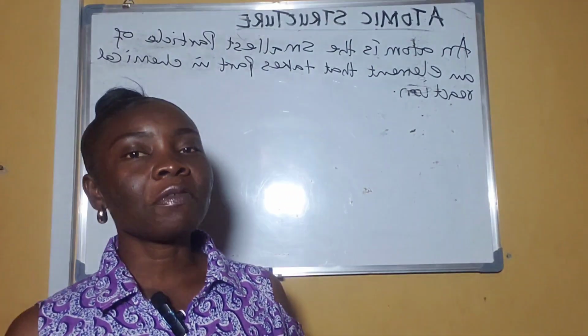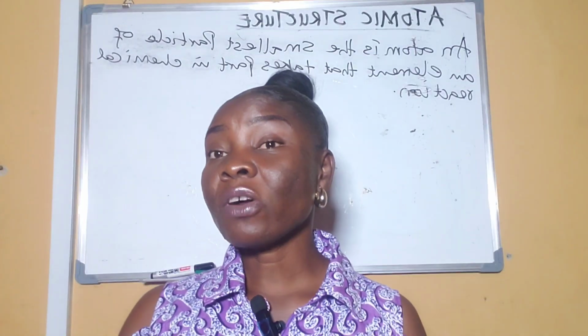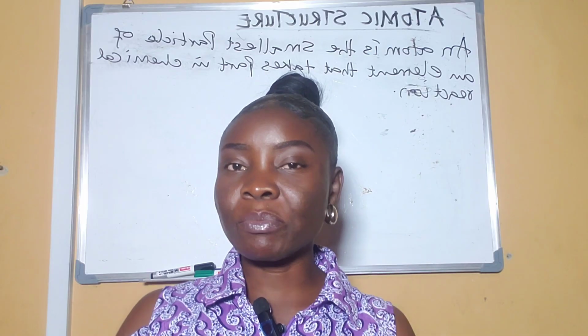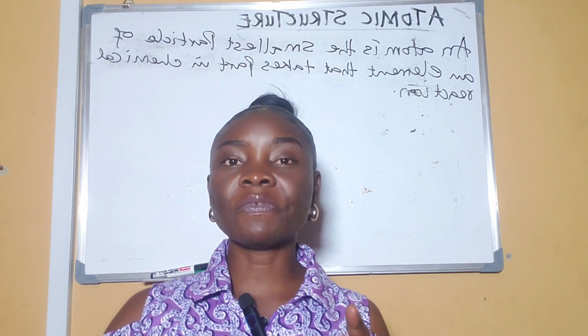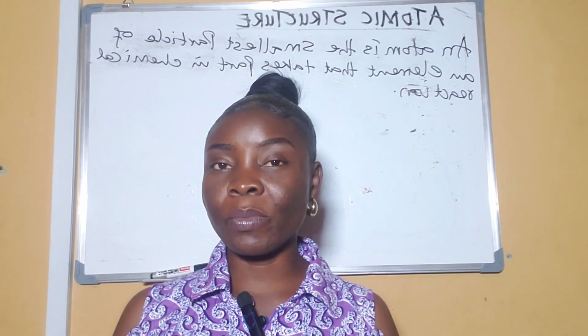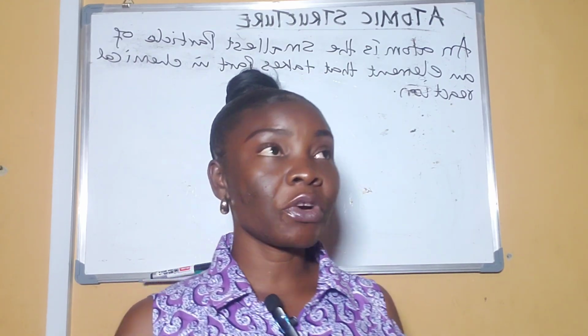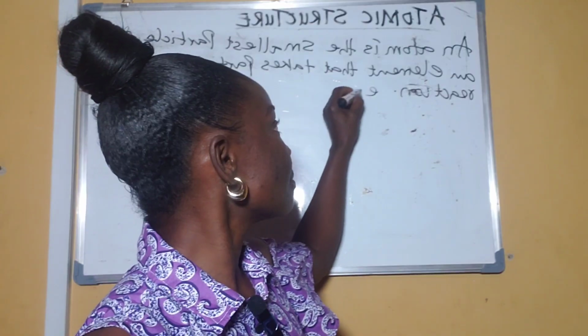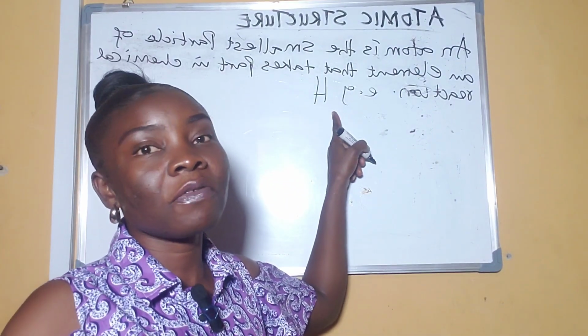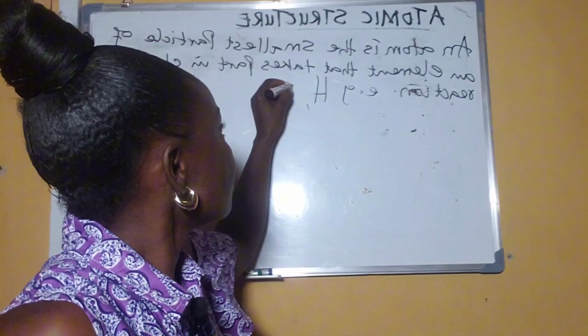Now, examples of atom, there are many. All the elements that you see in the periodic table, each of the symbols that you see there represents one atom of that element. So, for example, if you see H, this is an atom of hydrogen.